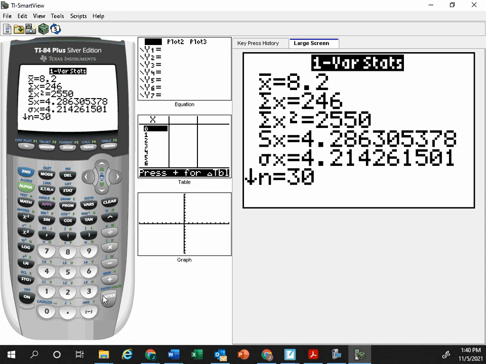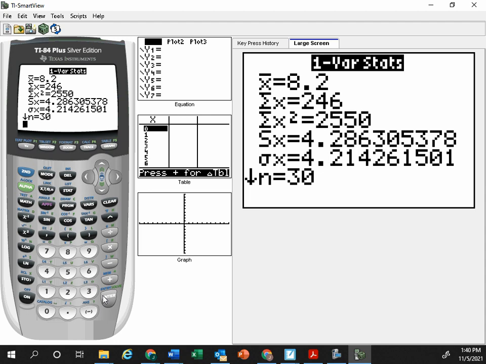All right, we get this 8.2 for our X bar. What else do you think I want from this list? Yeah, and it's the standard deviation of the sample. So is it the S or the sigma? What do you think? The S, good, okay. So we need those 2 numbers. Anybody need calculator help? You're not getting those values?